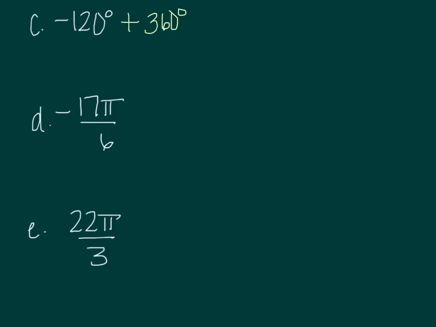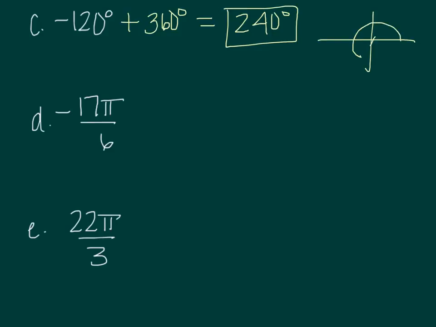That means you may have to do it a couple of times because you want it to be positive, but you want it to be less than 360. So this comes out to be 240 degrees, which is okay. So 240, which looks like this, and negative 120 are coterminal.